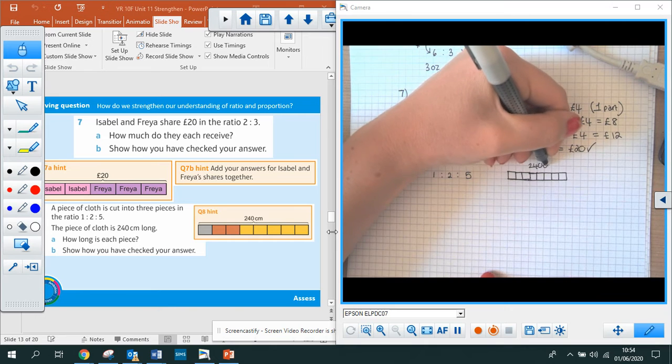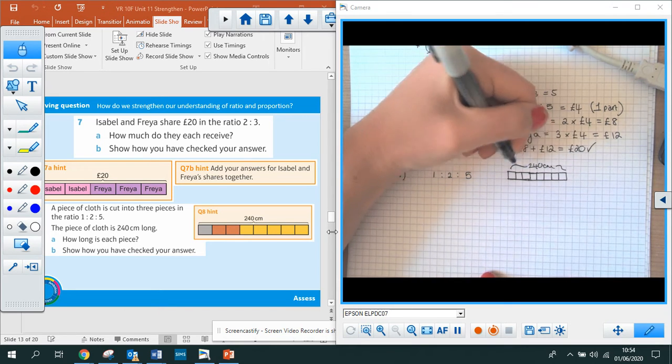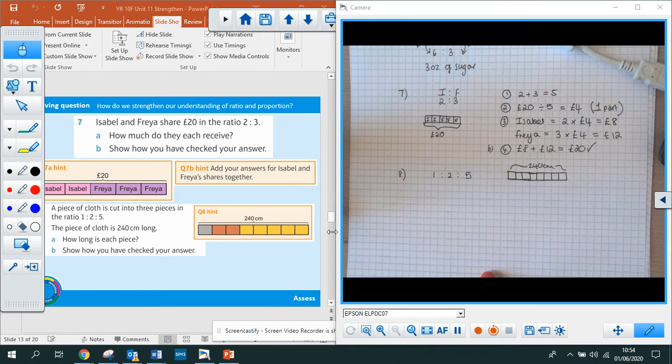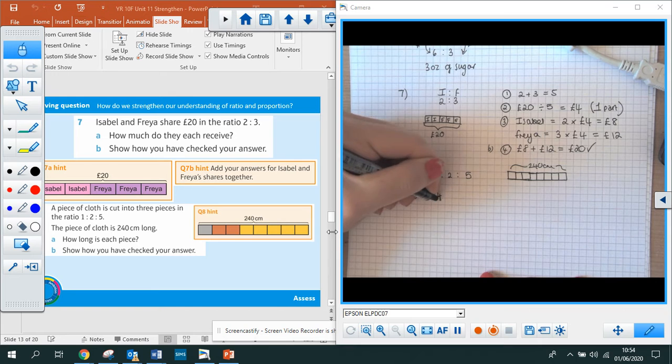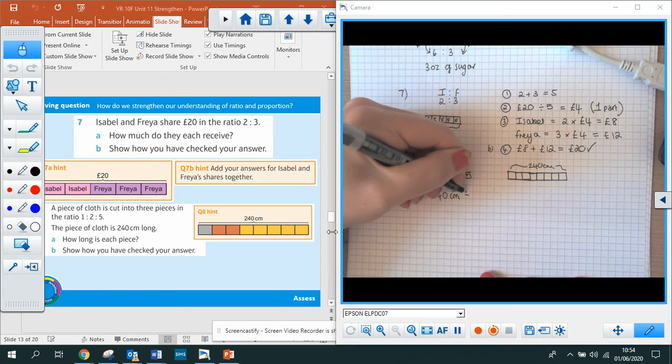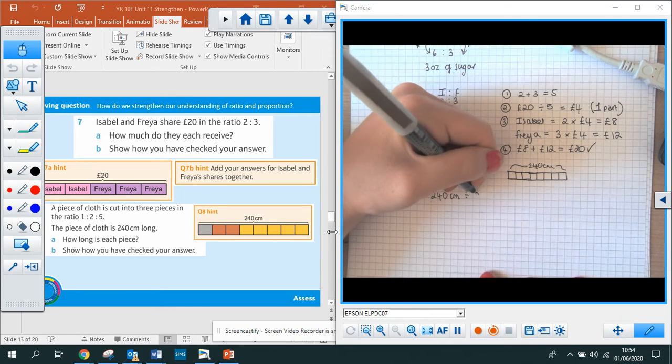The 240 centimetres is the whole thing. And there's 8 parts. 8 parts in total. Okay, the piece of cloth is 240 centimetres long, which is represented there. How long is each piece? So A, how long is each piece? Well, I know I can work out how long each piece is by doing the total amount, 240 centimetres, divided by the number of parts there are, which is 8.